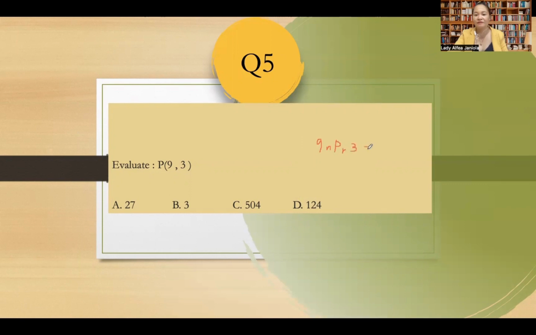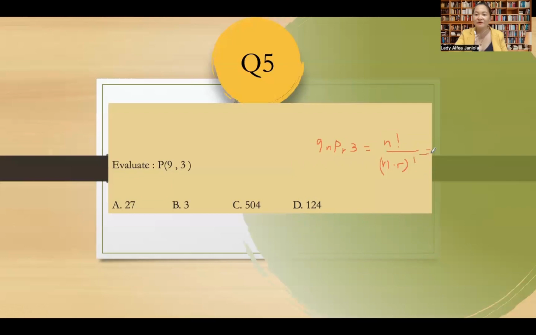You can use your scientific calculator. So that is in the formula there, that is n factorial over n minus r factorial.